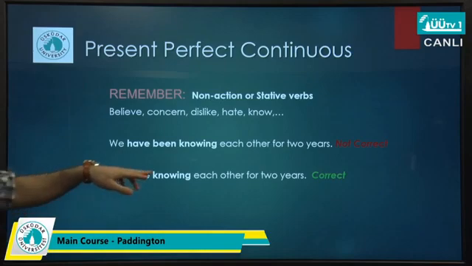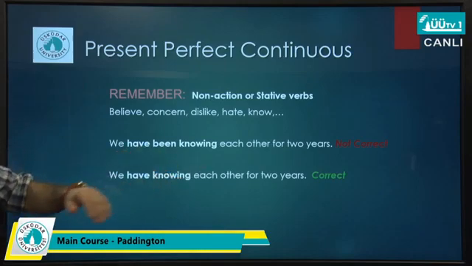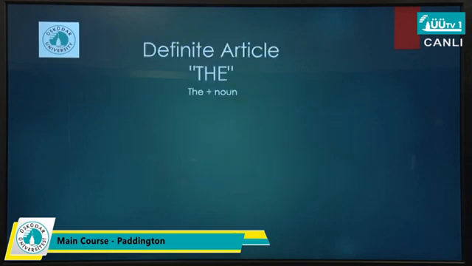In the second sentence, which I have marked correct, the ing should be removed to make it correct because it is a non-action verb. There are a lot of worksheets that we will send to you, like the ones that we have already worked on in class.